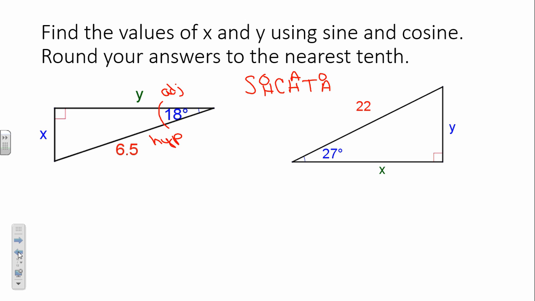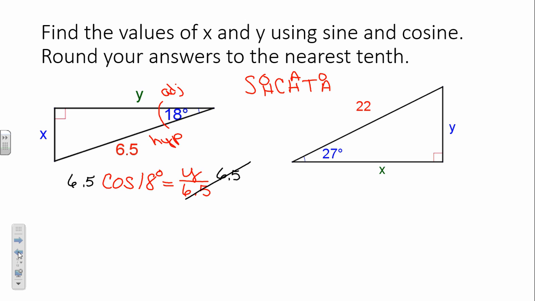So the cosine of an angle, in this case we know the angle measure, is equal to the adjacent divided by the hypotenuse. We don't want to have that divided by 6.5 anymore. So what's the opposite of division? Multiply. We'll multiply by 6.5.